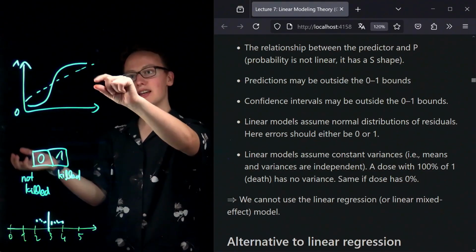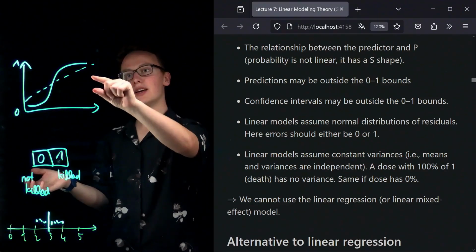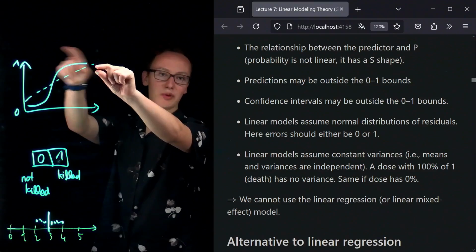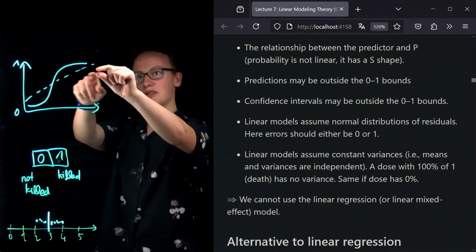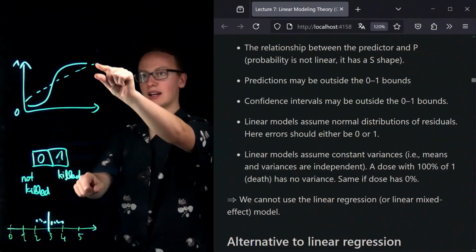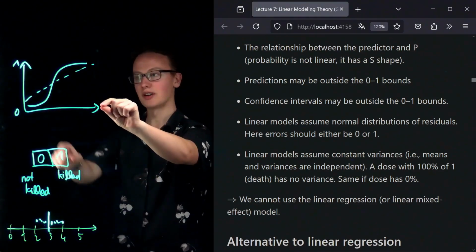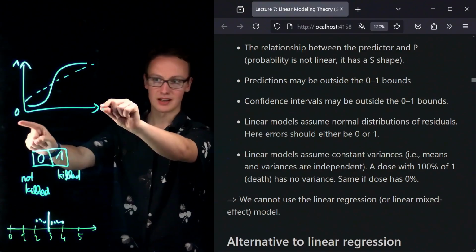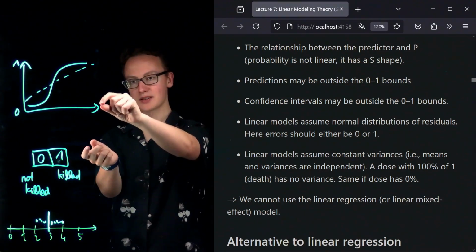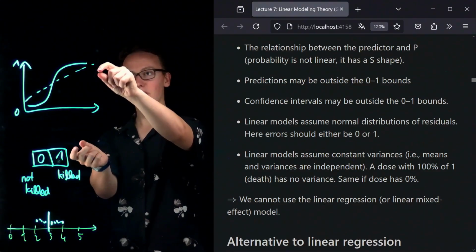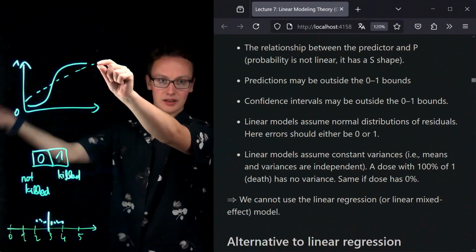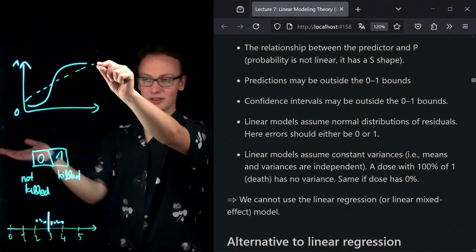So the variance gets smaller at the edges. If I'm close to a dose with 100% deaths, I have very small variance, or even zero variance at exactly 100%. And likewise, the same for a case with 0% deaths. Here also I can't have any variance, so I have 0 variance, and so the variance will depend on where I am on this scale of the dying or not dying variable, okay?